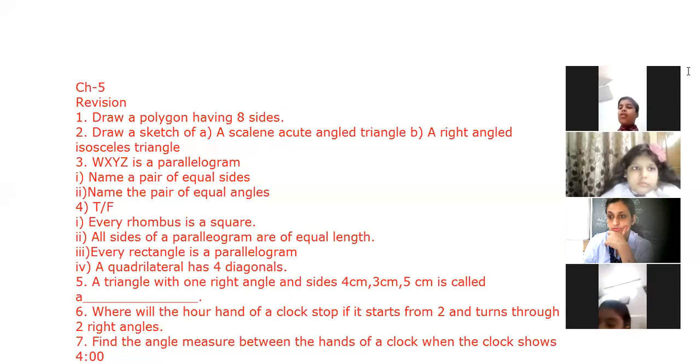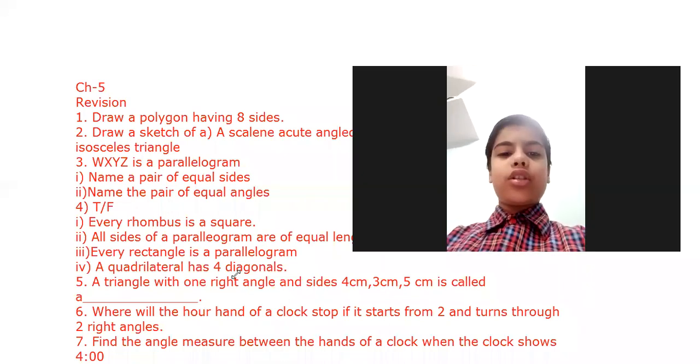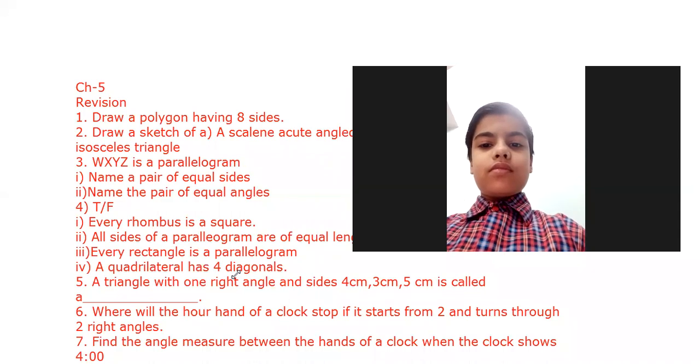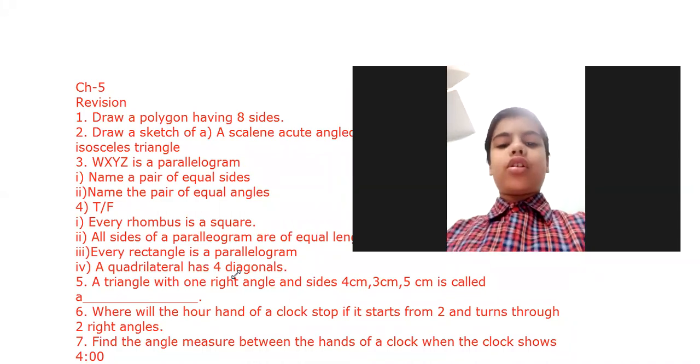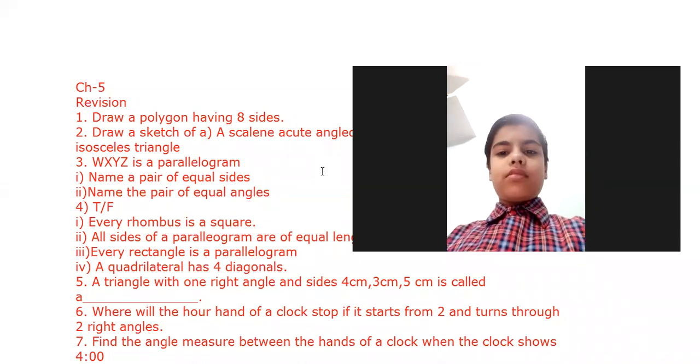Ma'am, I raised hand for giving the first answer. Yes, show me your first answer where you have drawn octagon. Ma'am, I have not drawn, but ma'am, I have written all the questions. But you have to draw it here, na? The question number 1. Yes, ma'am, but ma'am, I have not drawn it now. Draw it, beta. Draw it. Okay, ma'am.